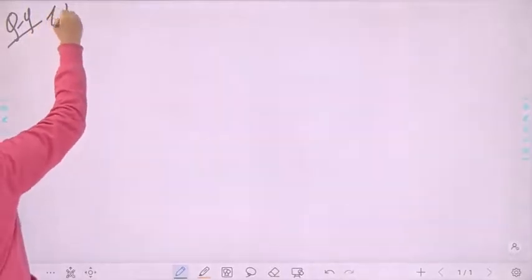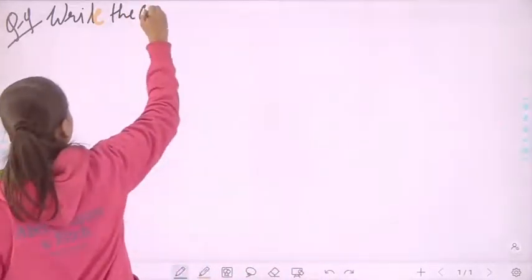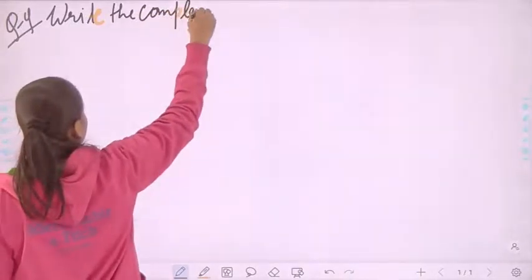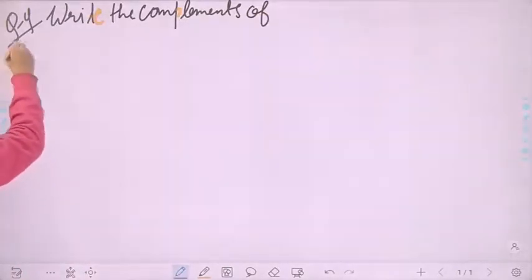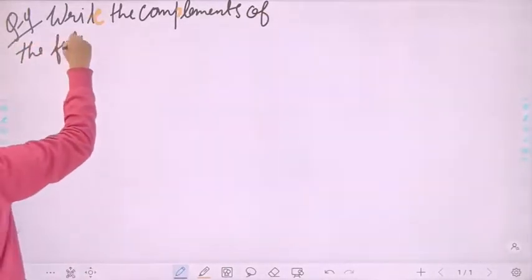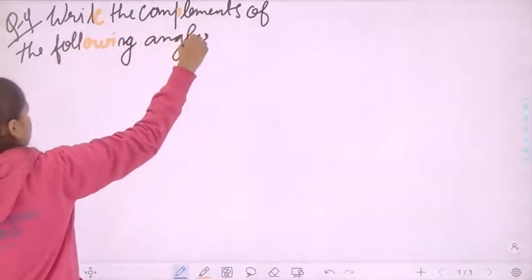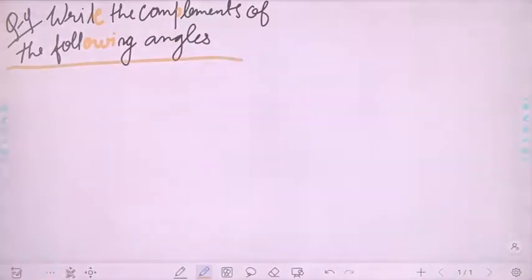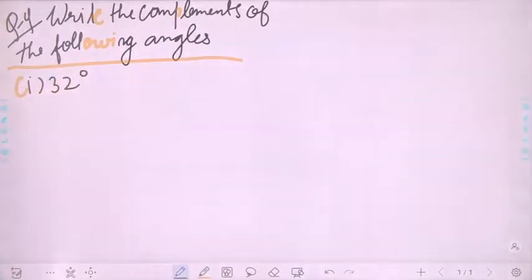Now, write the complements of the following angles. First one is 32 degree.